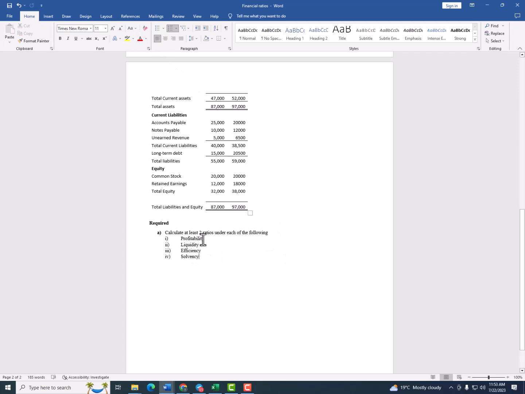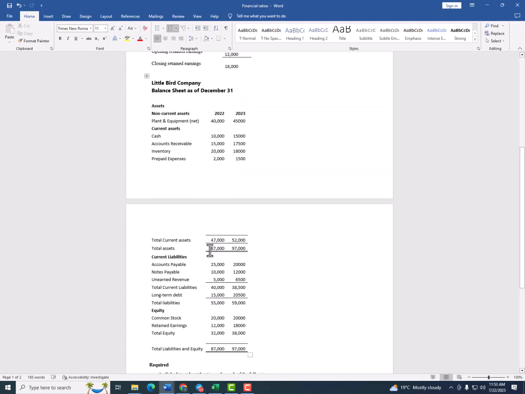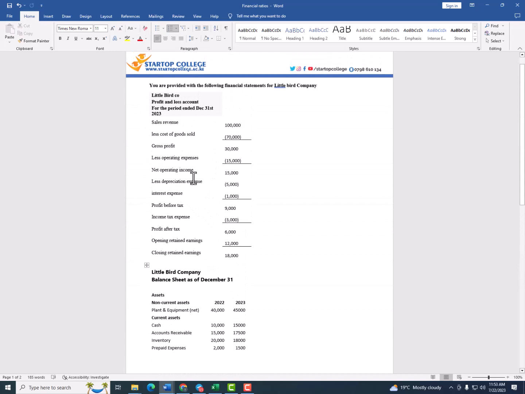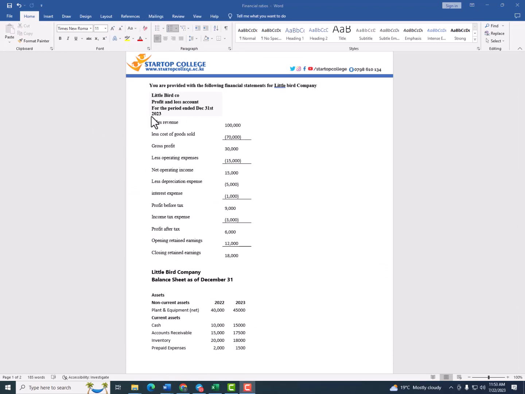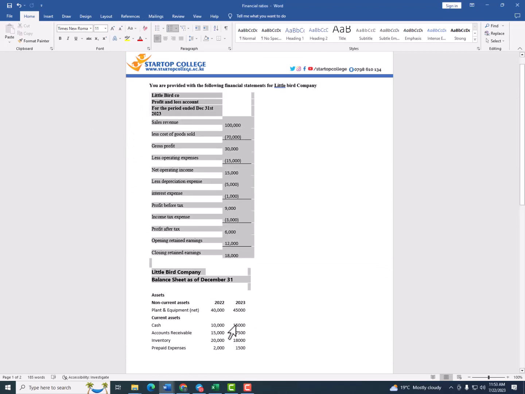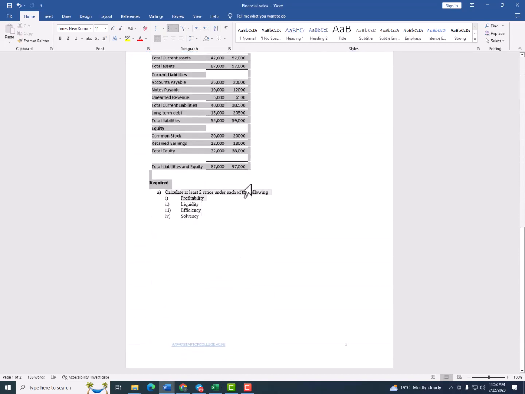So the first step, as usual, is to copy the data to Excel. You can just highlight it as is, all of it until you get to the total liabilities and equity.